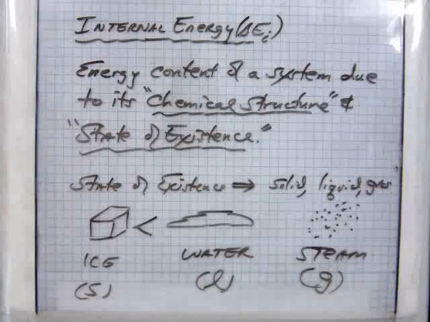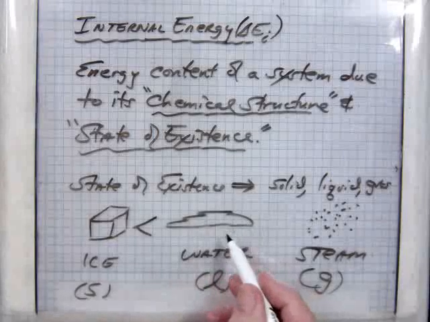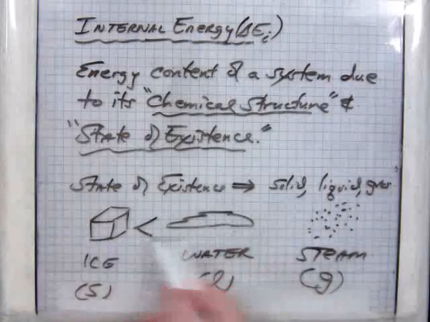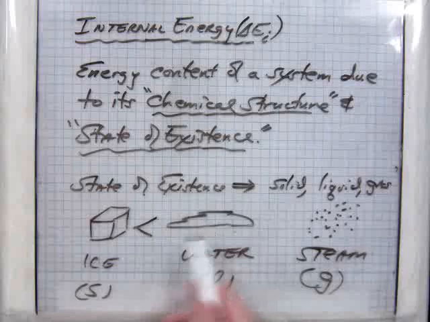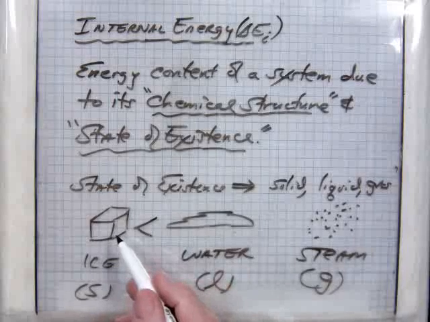Now, we haven't changed the substance. It's still H2O in the context of what we're talking about, but it has the ability to take on and lose energy to achieve certain states of existence. And so the state of existence as a liquid is a higher energy level than it is if it's in the solid state.